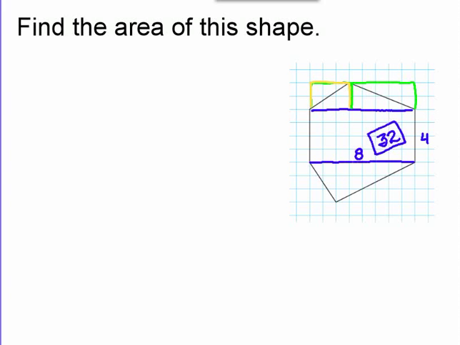In my first rectangle, the dimensions are 2 by what? 5. And would you agree that that part takes up half of the rectangle? Yep. So the rectangle will be 5 times 2, and half of that will be 5. What about in the yellow? My dimensions here are 3 and 2. Half of that is 3.